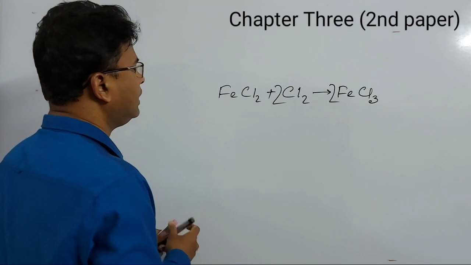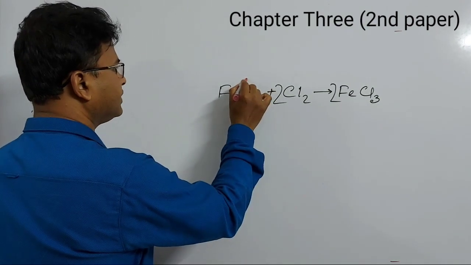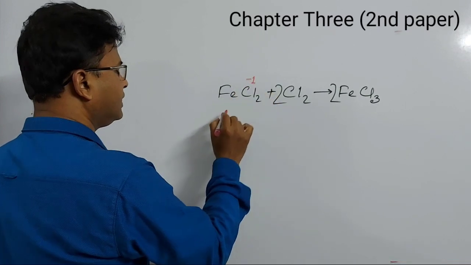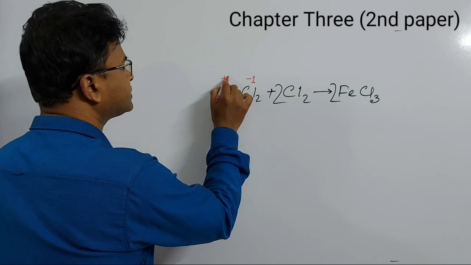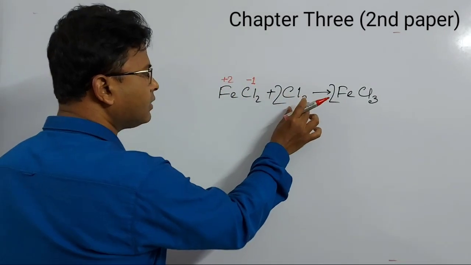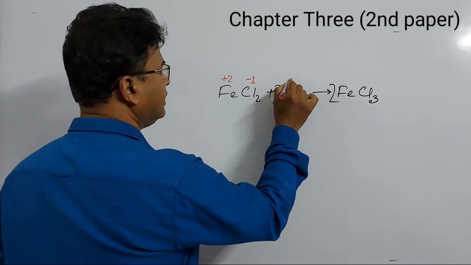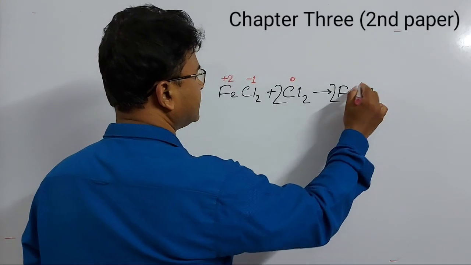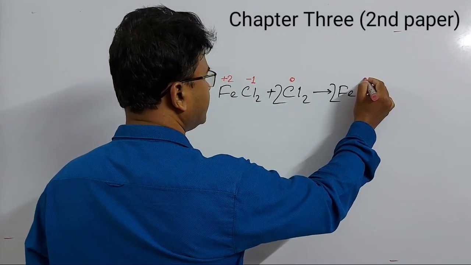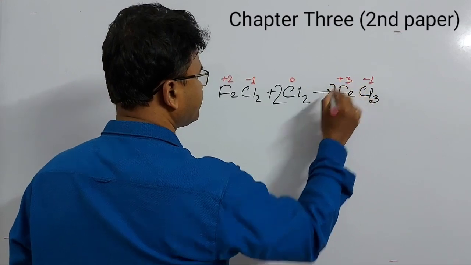Students, we know that the oxidation number of chlorine is -1 and the oxidation number of iron is +2. As the chlorine molecule is an elementary molecule, the oxidation number is 0, and here the oxidation number of chlorine is -1 and this is +3.